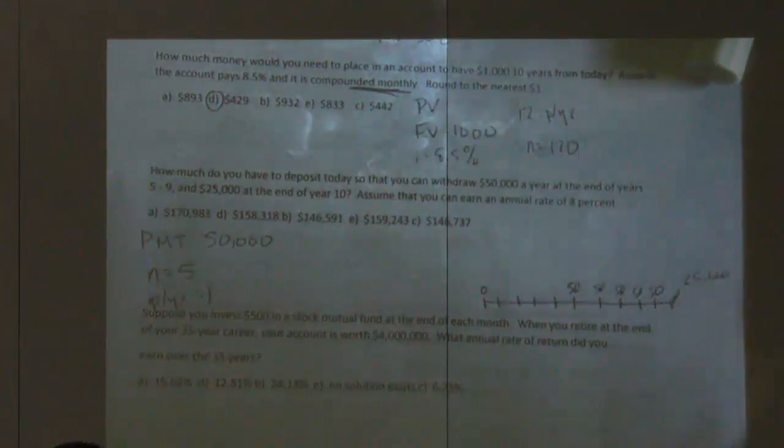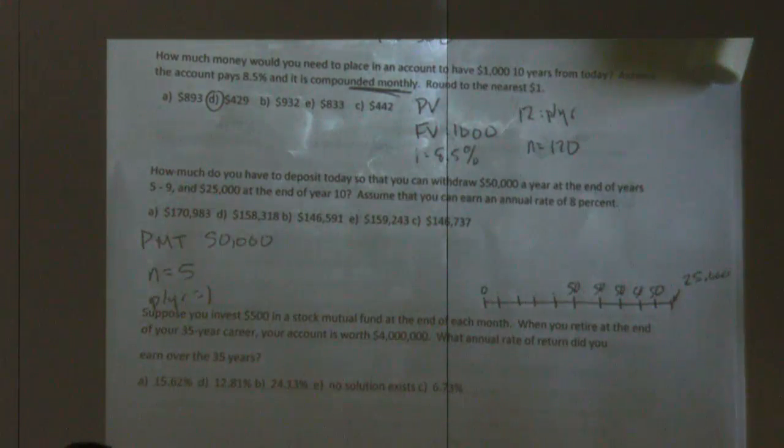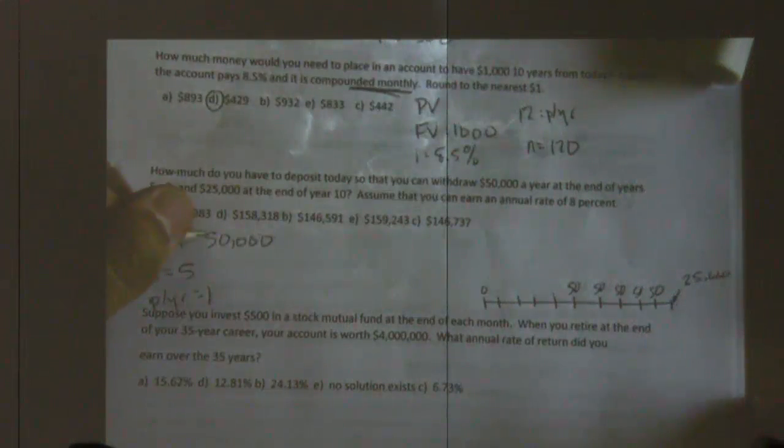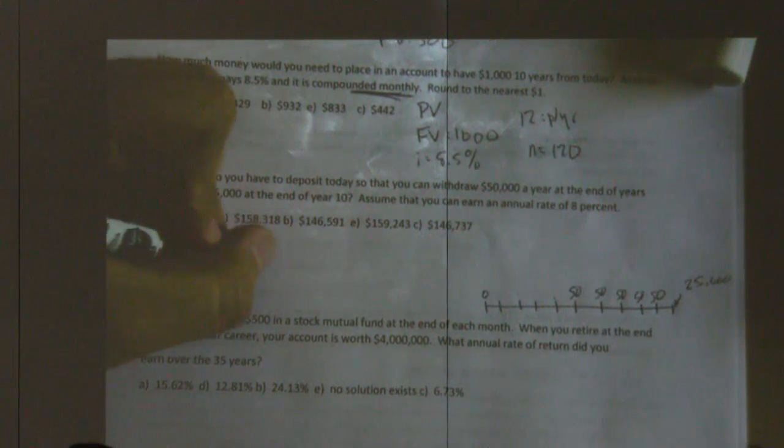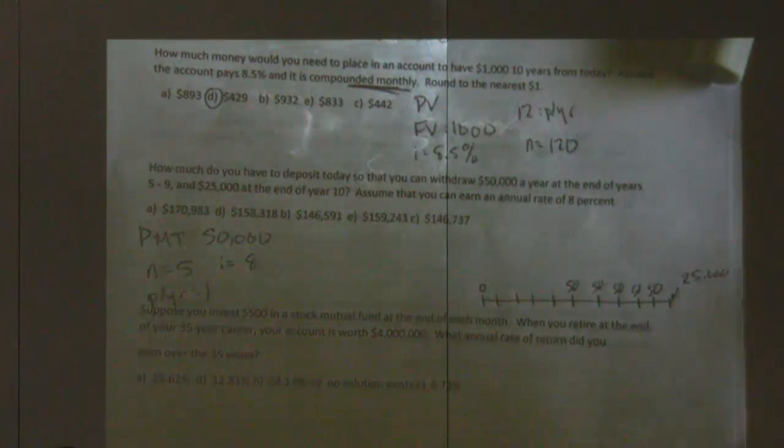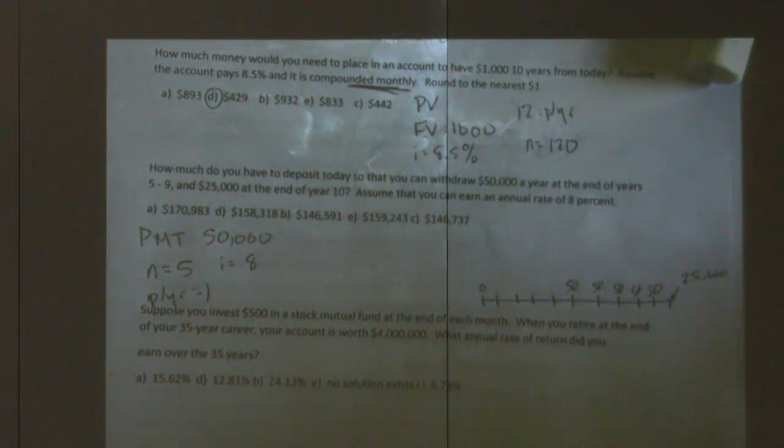So we have this annuity of 50K, and then at the end of year 10, we have 25,000. So it can give you a visual representation of what we're doing. So here, 50,000, our percent is going to be 8%, and I'm just going to plug this in the calculator and let's see what we get.